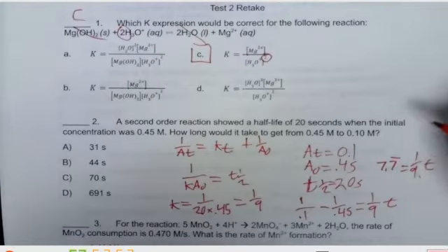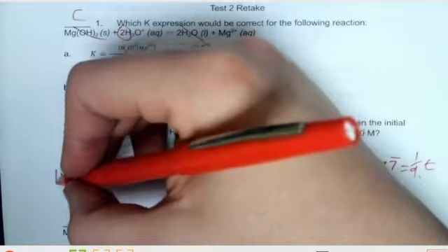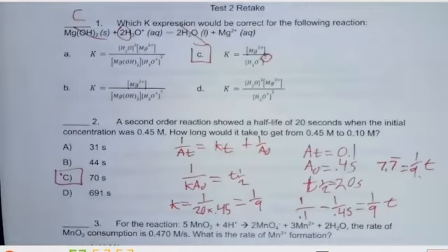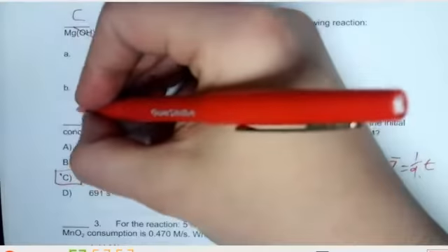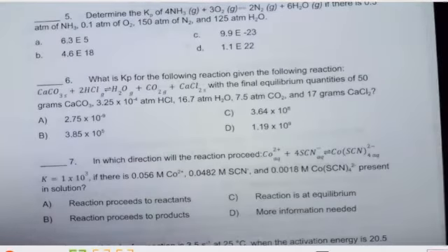The answer is, I do believe, 70 seconds. 7 times 9, yeah, it's 70 seconds. So the correct answer is C. Two C's in a row.